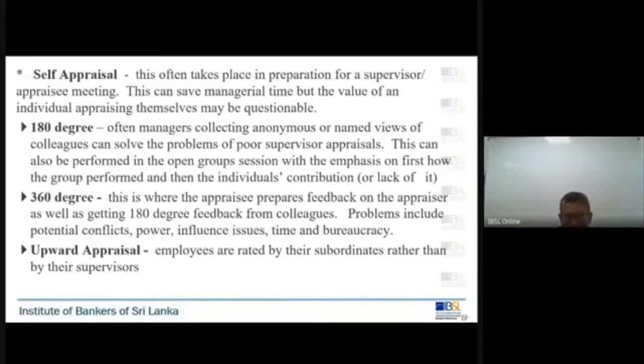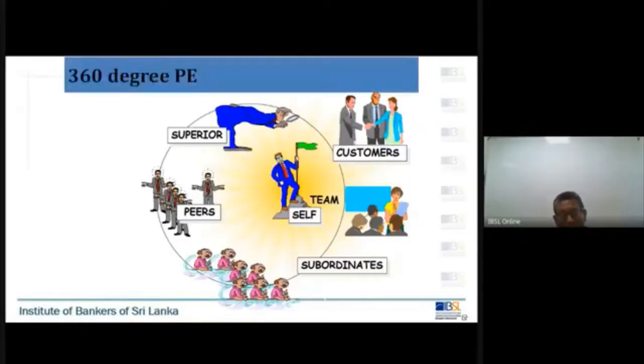So now let me explain what we mean by 360-degree. Mind you, I try to explain to you what you mean by the 360 method, right?